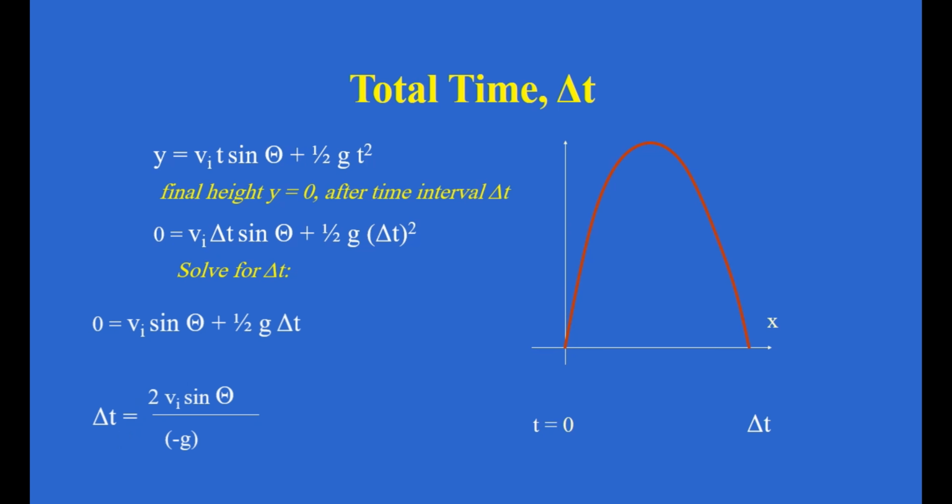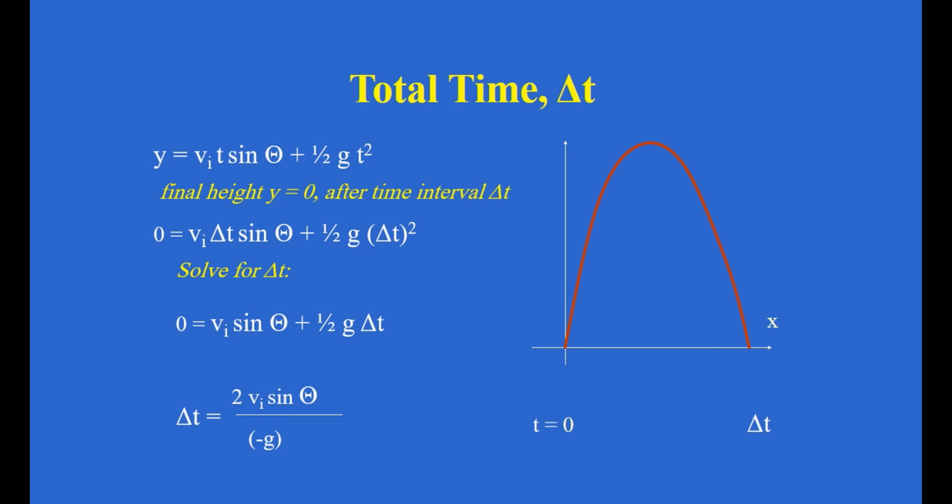Solve for delta t. 0 equals v naught sine theta plus half g delta t. That means delta t equals 2 v naught sine theta over minus g.